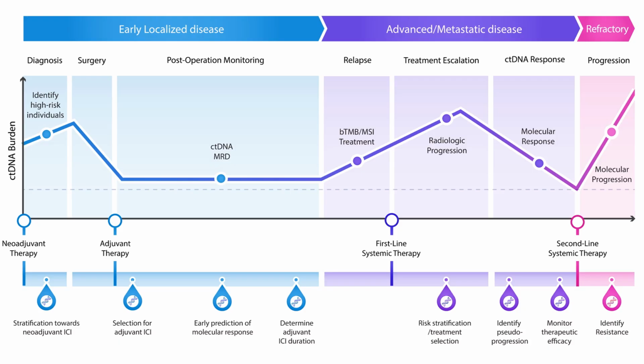In the adjuvant, neoadjuvant setting, ctDNA-driven minimal residual disease detection, or MRD, allows for early on-therapy efficacy assessment in patients with localized disease, as well as identification of patients at high risk for recurrence after curative intent surgery.